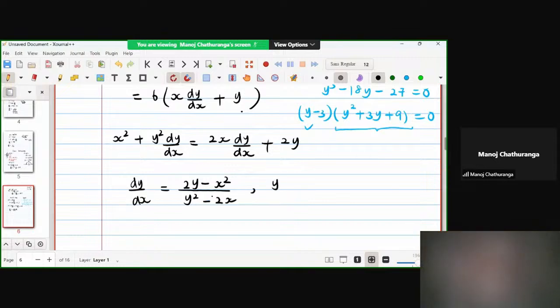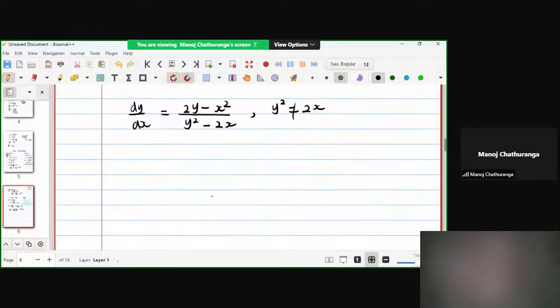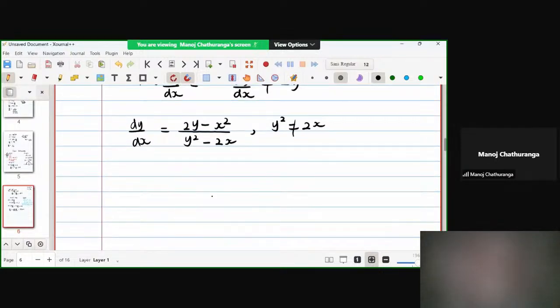This formula is valid as long as y squared is different from 2x. And so here we have a formula for the derivative. Let's evaluate it at the given point (3, 3). So when x and y equal 3, this is 6 minus 9 over 9 minus 6. It's negative 1, right?